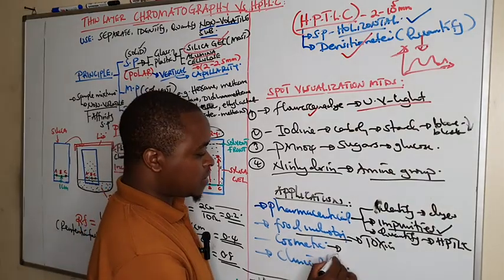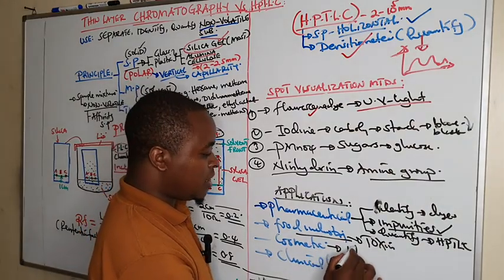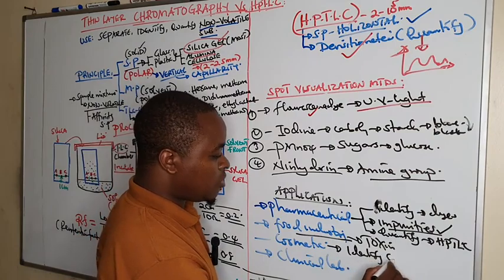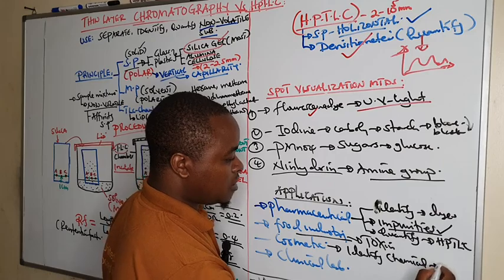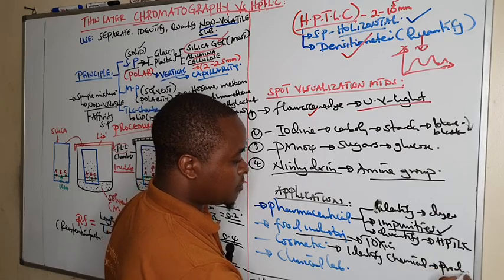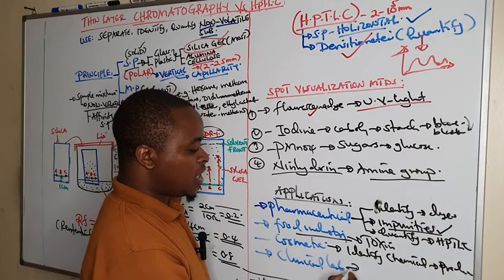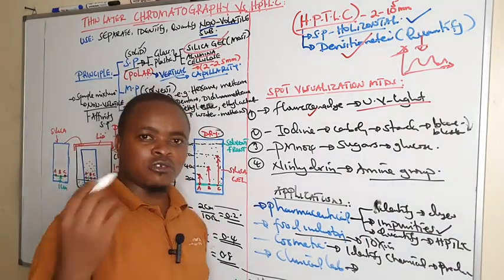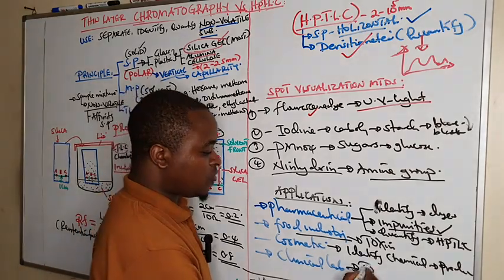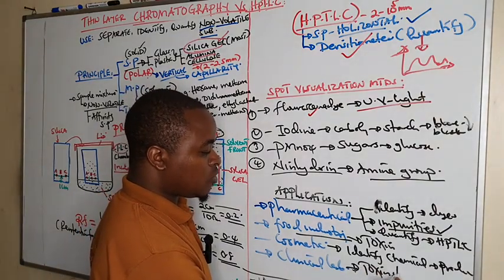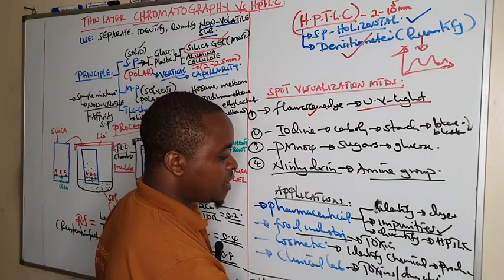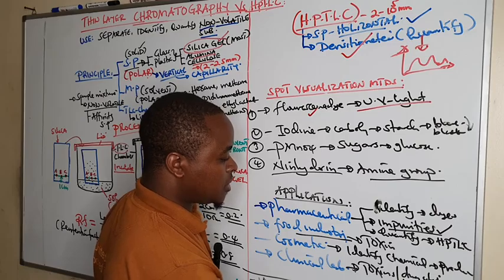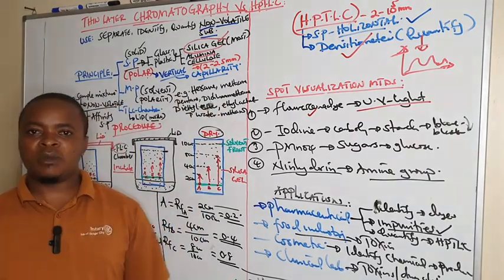In cosmetics, also to identify the different chemicals used in products. Then in clinical labs, we can use it to identify the presence of toxins, drugs of abuse, qualitatively in the body by using thin layer chromatography.